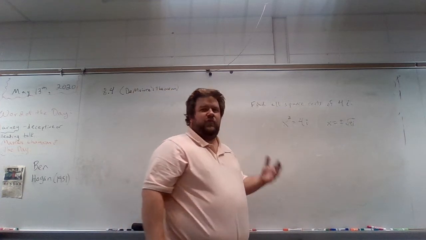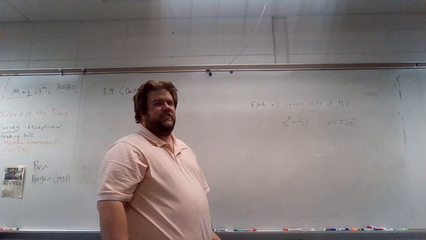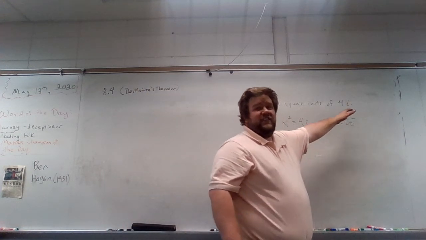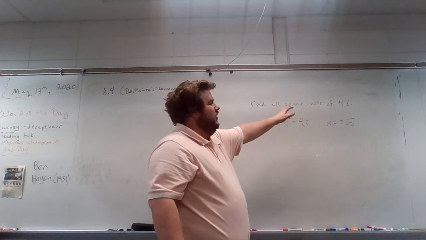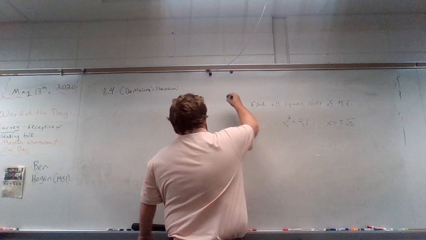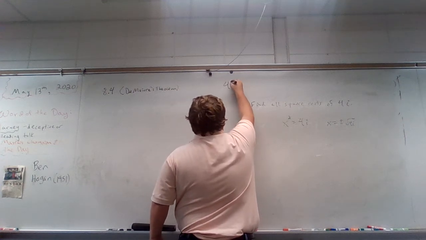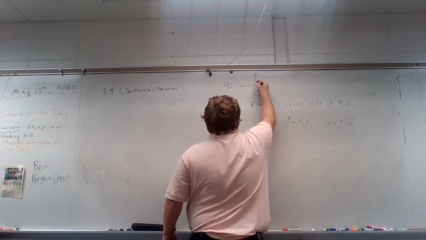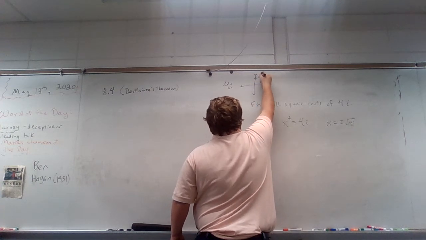Find all square roots of 4i. The first thing you would need to do is write 4i in rectangular form. So you always write your complex number in rectangular form. So for the 4i, if I just think about what 4i is, it would be right here.